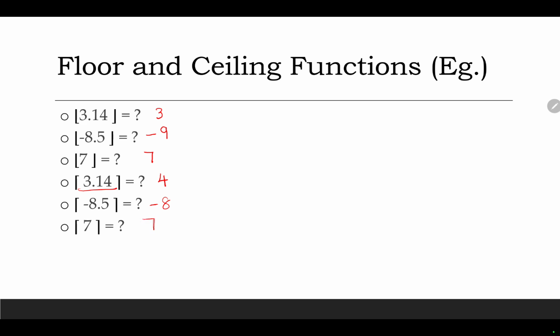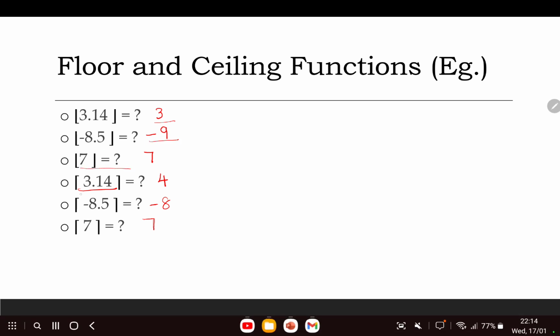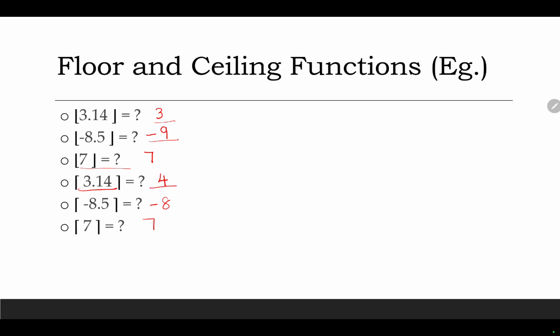So the floor of 3.14 is 3, the floor of minus 8.5 is minus 9, and the floor of 7 is 7. The ceiling of 3.14 is 4, the ceiling of minus 8.5 is minus 8, and the ceiling of 7 is 7.